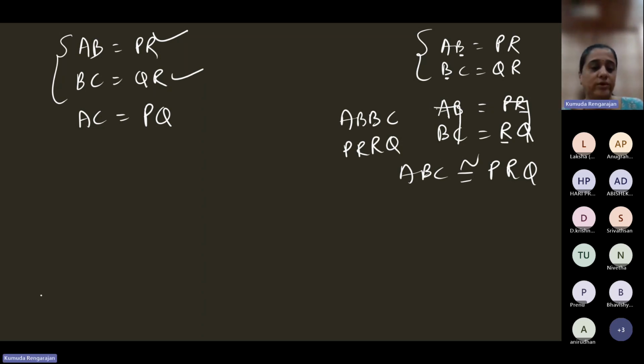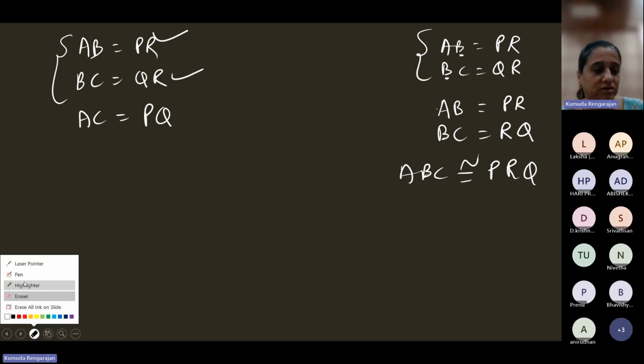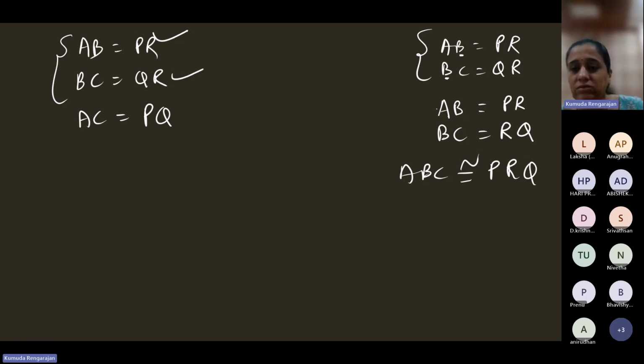ABC congruent to PRQ. Or you can just take away this AB, no, B is repeating, just take it away. PR, R is repeating, take it away. So ABC congruent to PRQ. This is the order.